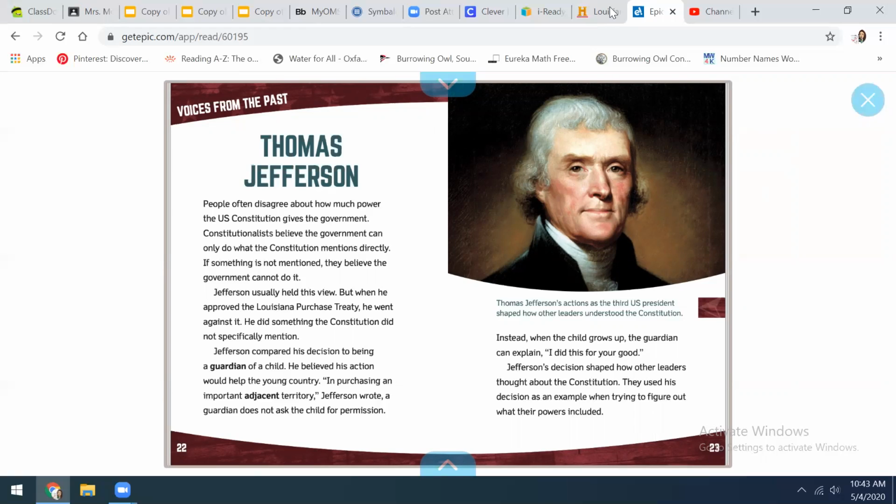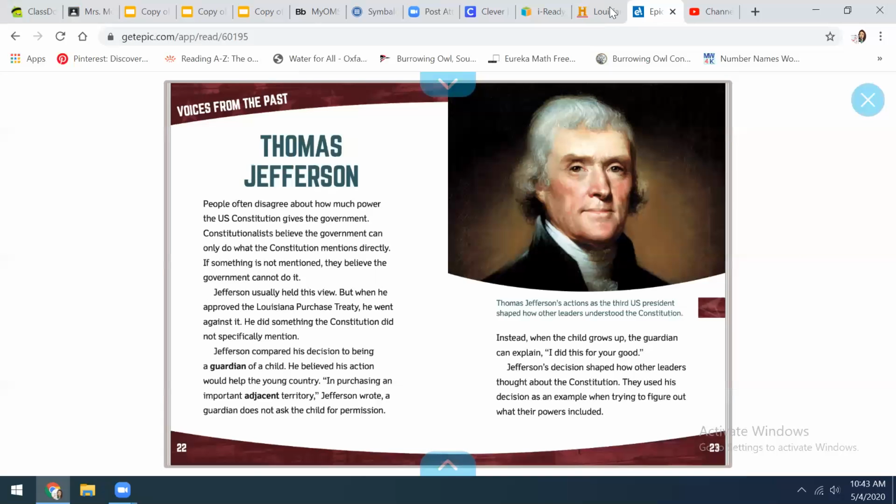Jefferson compared his decision to being a guardian of a child. He believed his action would help the young country. In purchasing an important adjacent territory, Jefferson wrote, a guardian does not ask the child for permission. Instead, when the child grows up, the guardian can explain, I did this for your good.